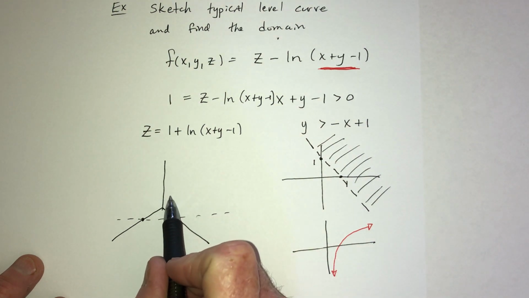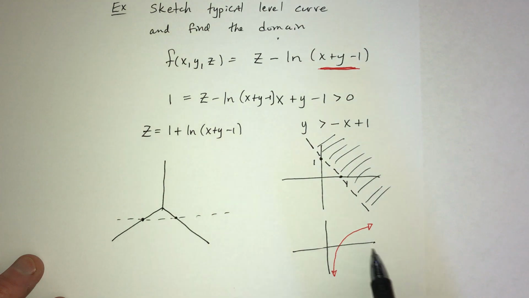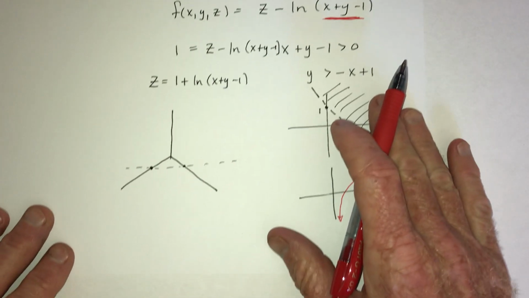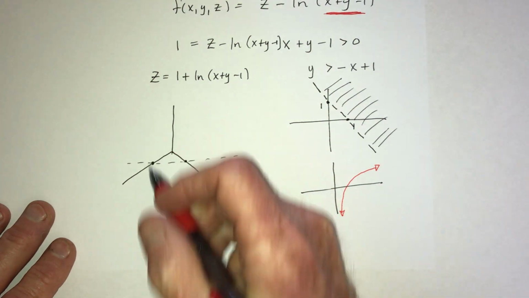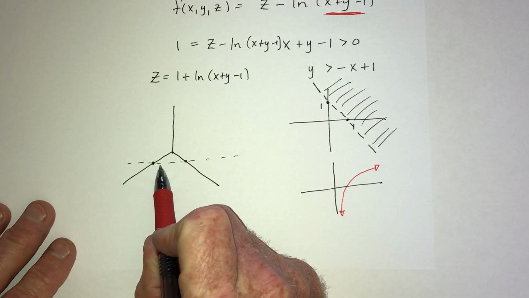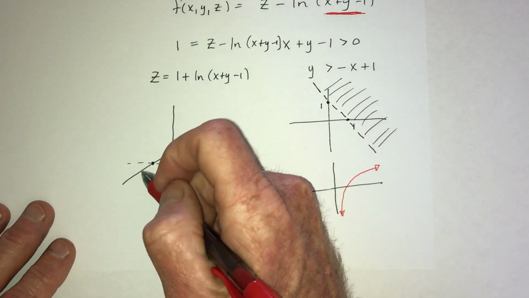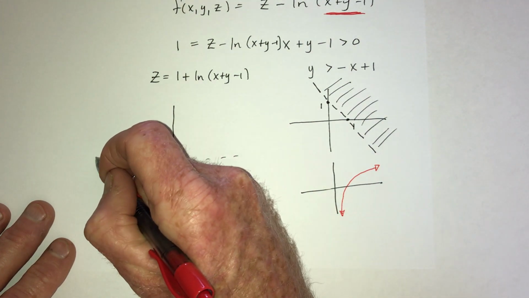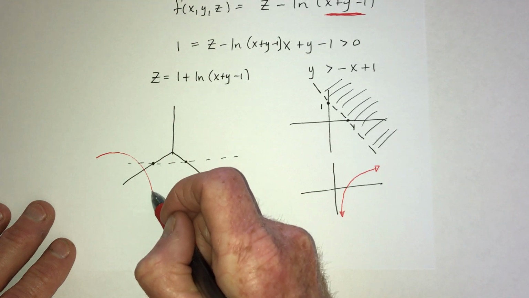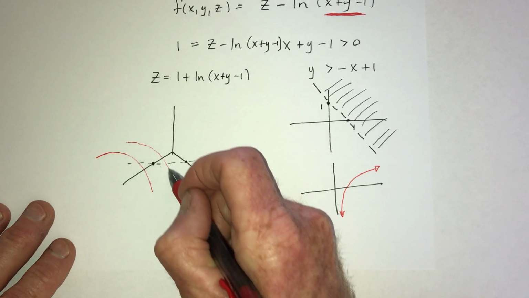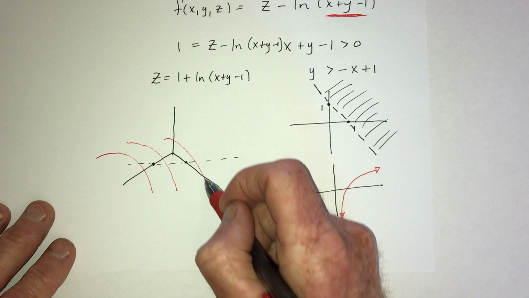So back here, it's not going to exist. And then it's basically going to be this shape. So as you get close to this dotted line, it's going to go down to -infinity. So that would look sort of like this. So it's like a piece of paper that got folded down.